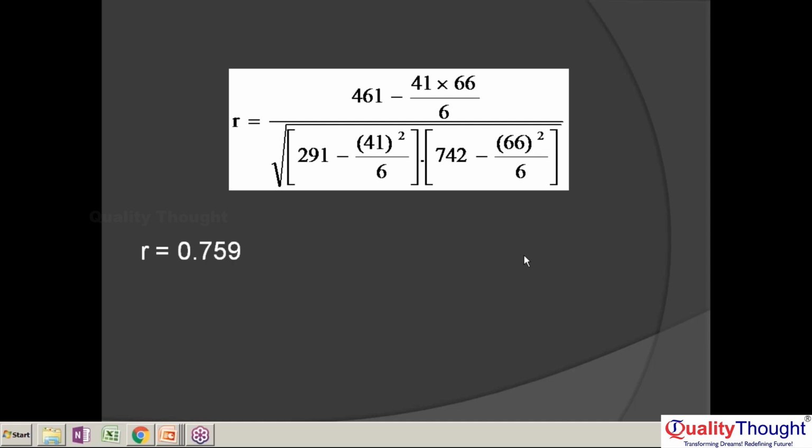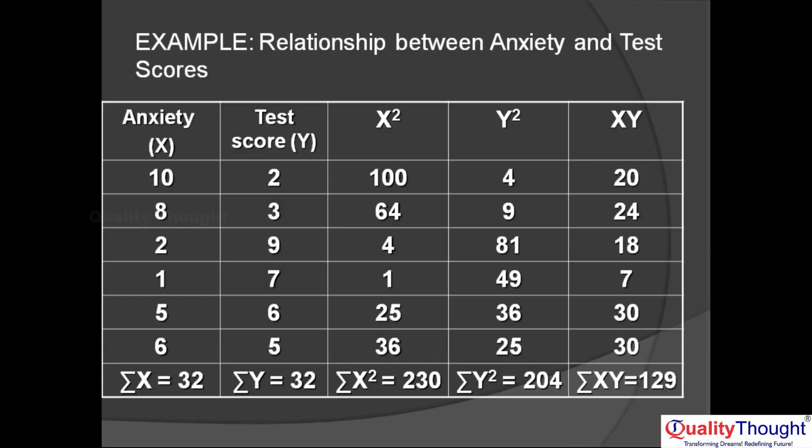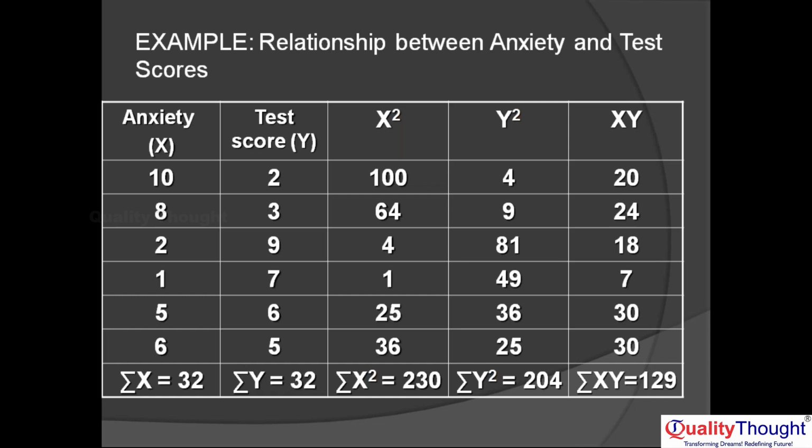Now I will show you one more thing. This is a strong direct correlation. If you take another example, this is between anxiety and test scores. By looking at this one, with common sense we might say there is no relation, because anxiety should not depend on the test scores they want to get in the final examinations.